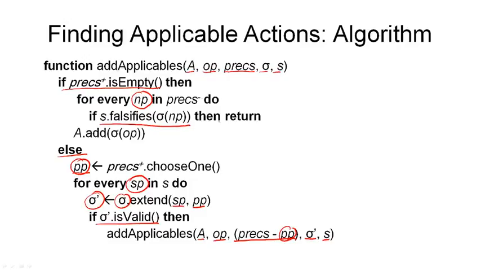If this is the case, then this cannot result in an applicable action. But if the state does not falsify the negative preconditions, then we have found an instance of this operator op that we were given that is an applicable action in this state. And what we have to do is simply replace all the parameters of this operator according to the substitution that we've been building up.